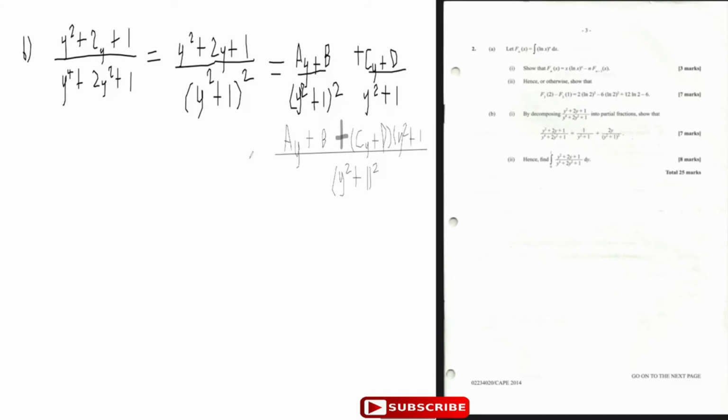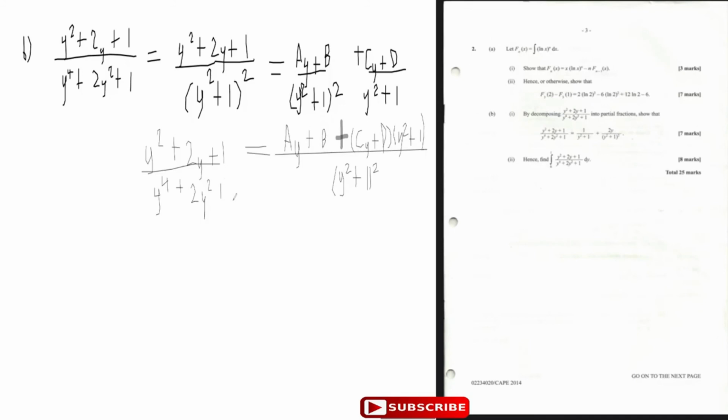And all of this is, of course, equal to this over here. So it's equal to your y squared plus 2y plus 1 over your y to the 4 plus 2y squared plus 1.